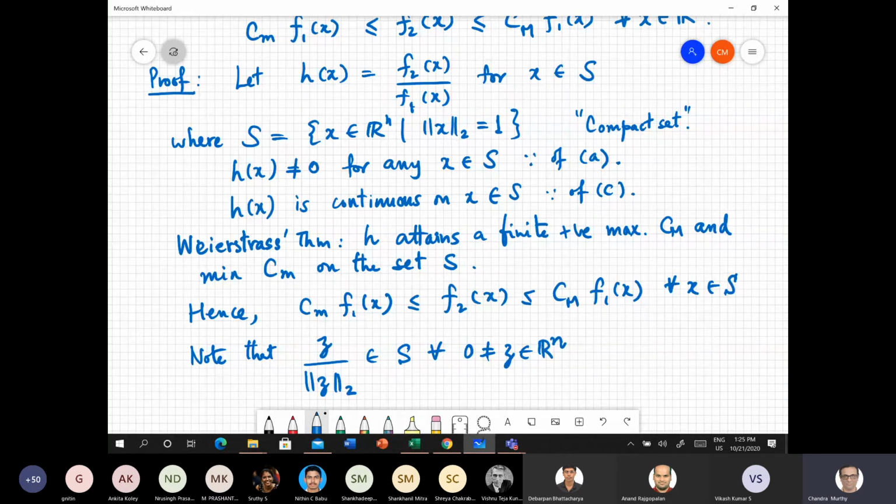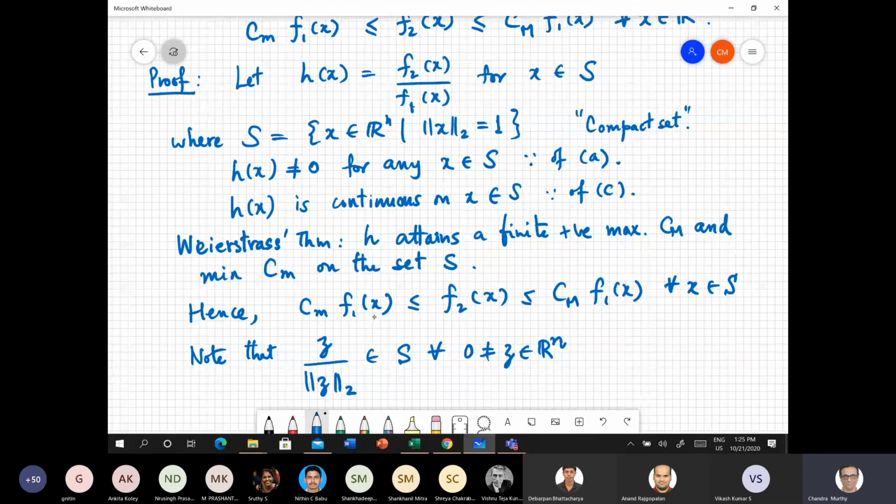So if I want to show that this holds for every z in R to the n, I'll just replace x with z over norm of z for any non-zero z.